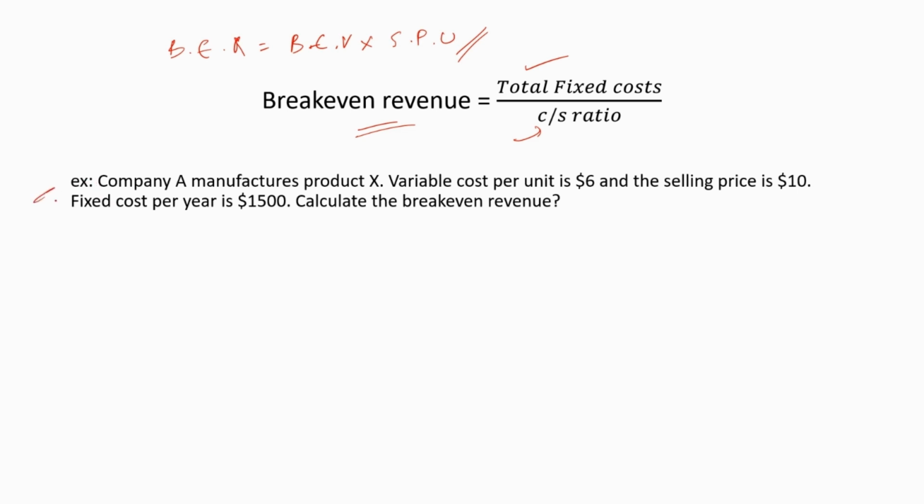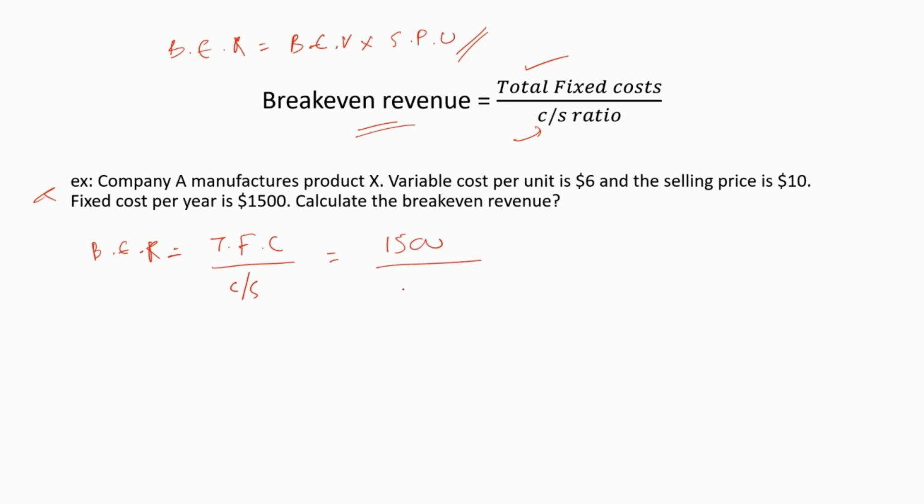Let's do this example. Company A manufactures product X. Variable cost per unit is $6 and the selling price is $10. Fixed cost per year is $1,500. Calculate the break-even revenue. So the break-even revenue is equal to total fixed costs divided by the CS ratio. Total fixed cost is 1500.